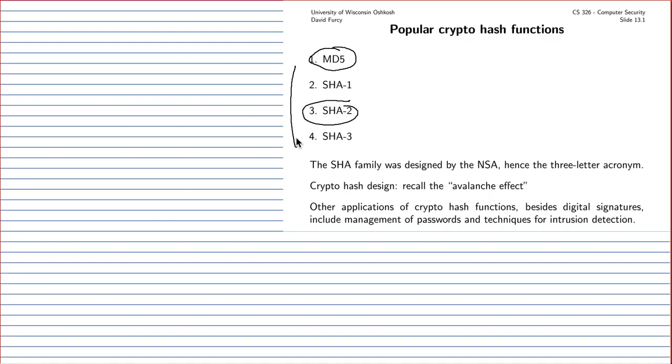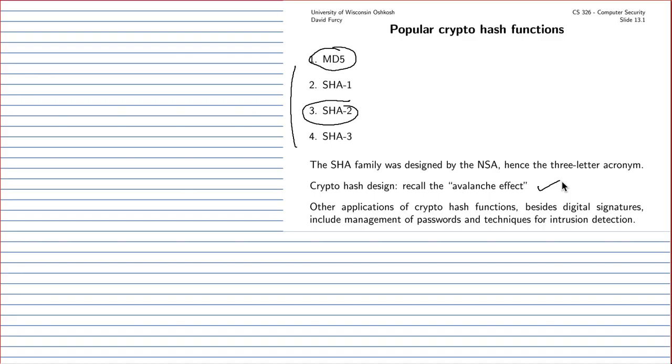So one way to enforce this property is to make sure that the design of the hash algorithm exhibits this avalanche effect that we discussed in the previous assignment. And in particular, what that means is that if a small change is made to the input to the hash function, then there should be a big change in the output. So we'll see a demo of that on the next slide.